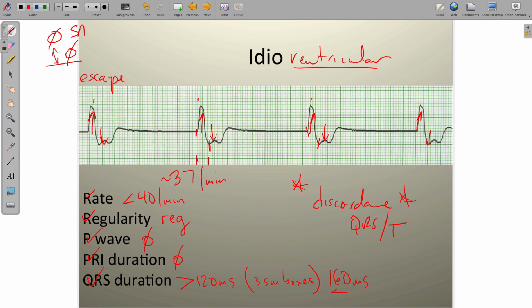So primary pacemaker, SA node; when it ceases to function, secondary or backup is the AV junction. When that ceases to function, then the heart escapes to the next piece, which is the ventricular tissue.